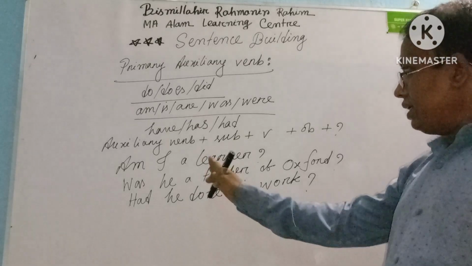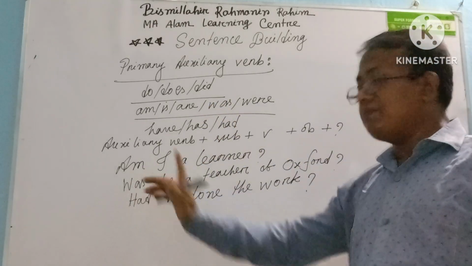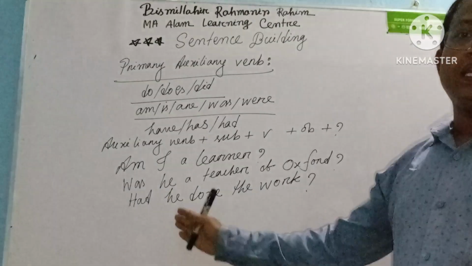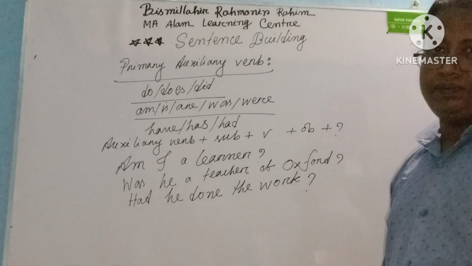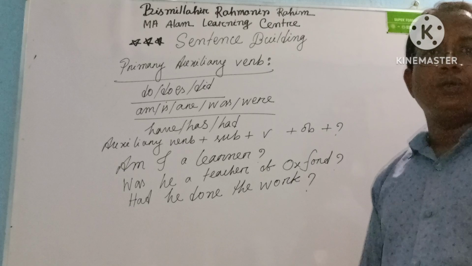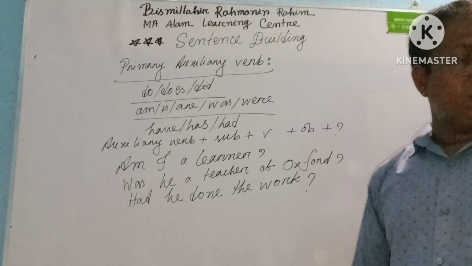Generally, we use such a verb before the subject, and such interrogative questions can be answered yes or no. But sometimes we use WH words, so we have to follow some rules for WH words.